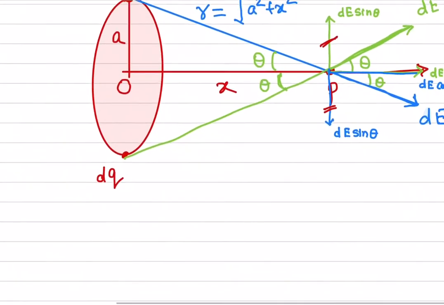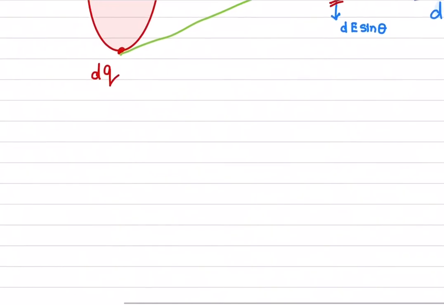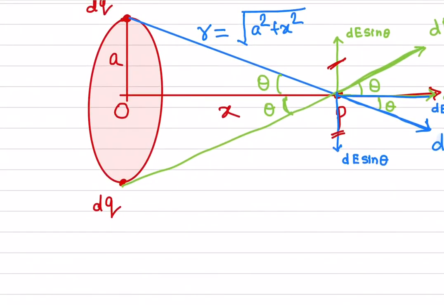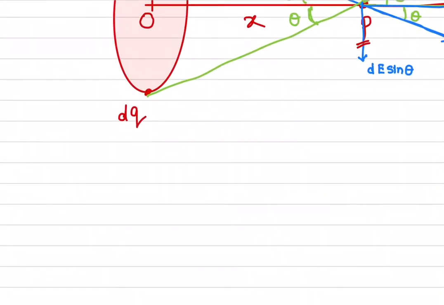Okay, so the total electric field due to these two tiny charges at this point is only along the x-axis. So what is the total electric field then?